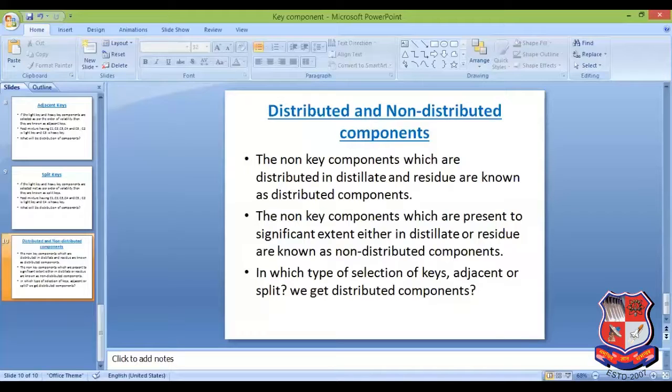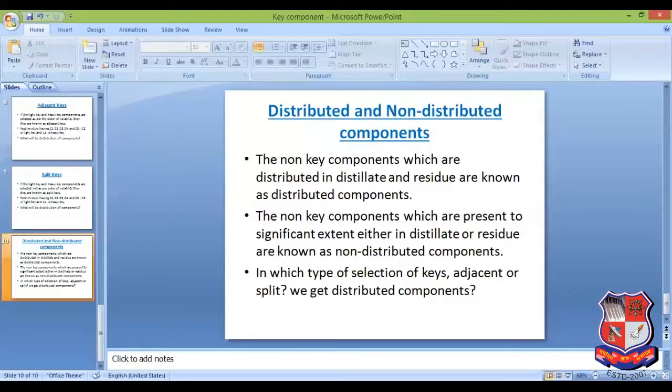But in case of non-key components, some may be distributed between distillate and residue, then they are known as distributed components. And some non-key components are present either in distillate or in residue. That means they are present in significant amount in only one of them, so they are known as non-distributed components.